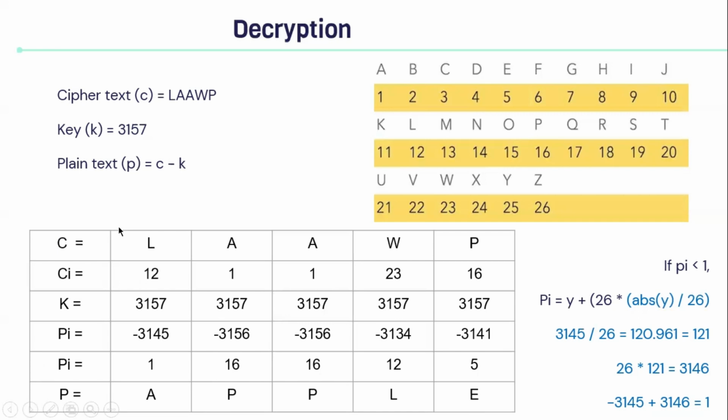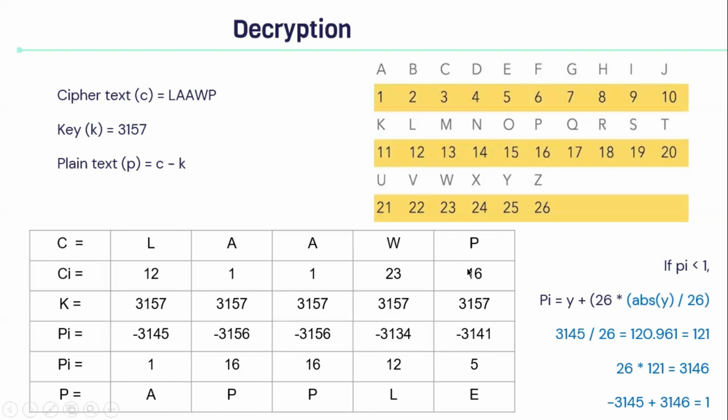So this is how we transform the value if it is less than 1 for decryption. All of the values are negative, which means they are less than 1, so we have transformed these values with the same technique.